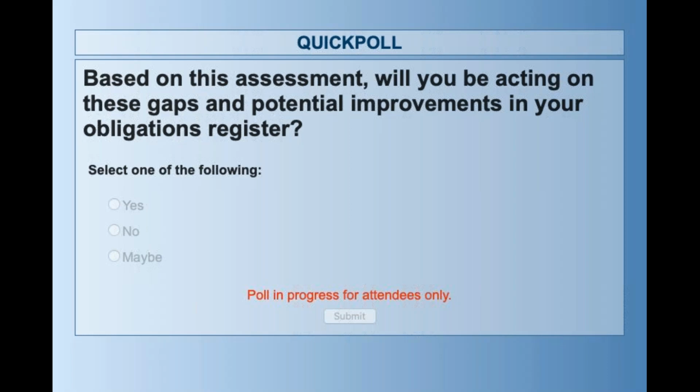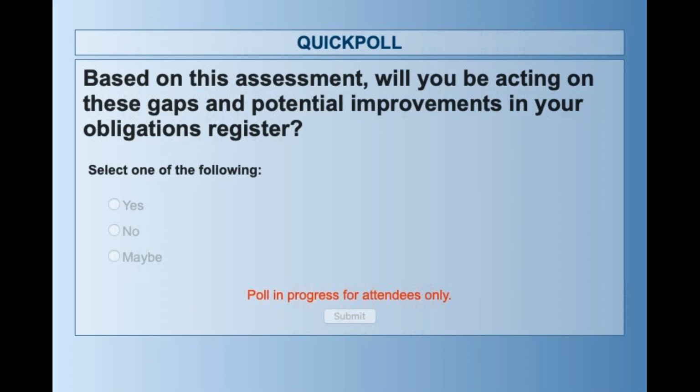I think with any of these webinars, whether it's on compliance or something else, it's critical to take action fairly quickly after you learn about something, because we're all bombarded with so many requests and issues and challenges at our organizations that you want to strike while the iron is hot, as they say.